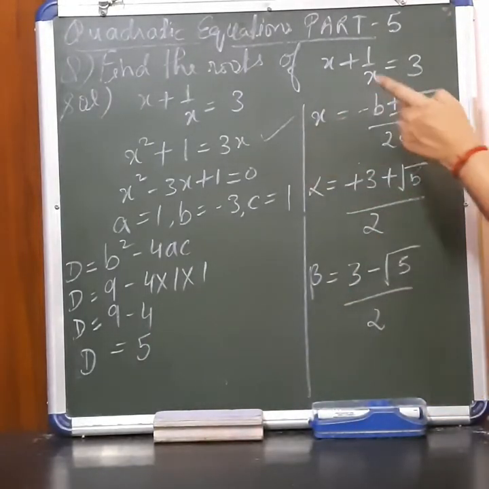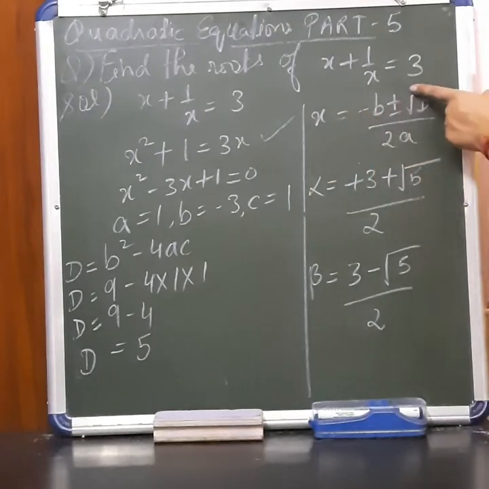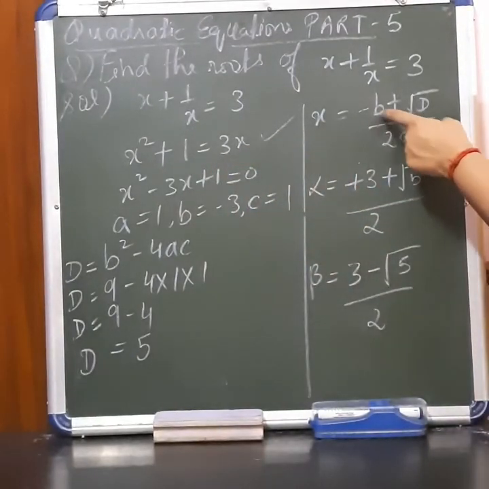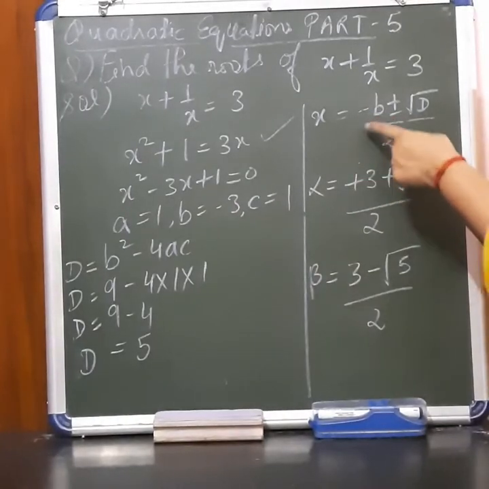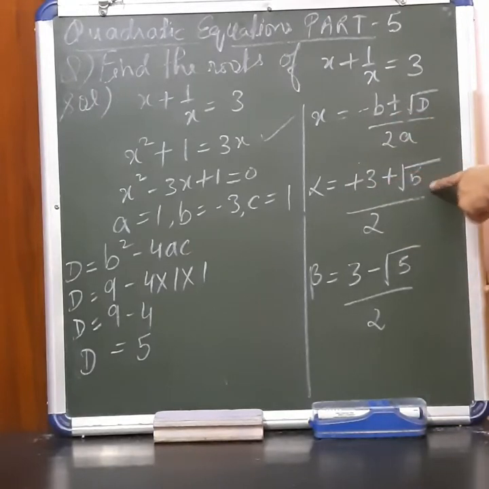Here what is the formula? The value of x is equal to minus b plus minus root d, or root b square minus 4ac, upon 2a. So here you will put the values of b, d and a. The value of b is minus 3, and we have a minus sign in the formula, so it will become plus 3 plus root 5.